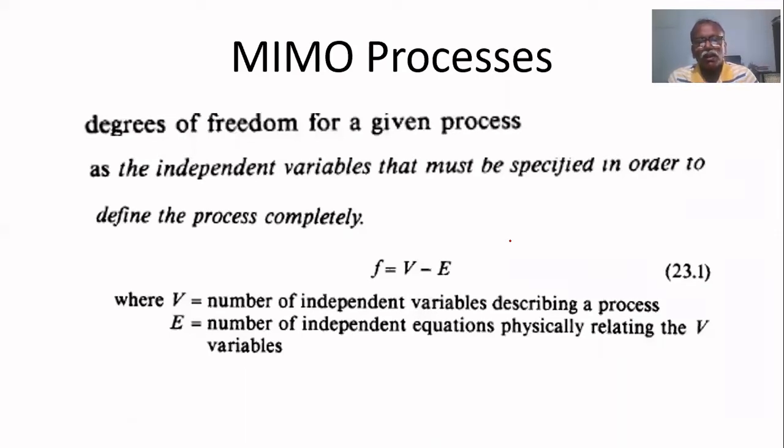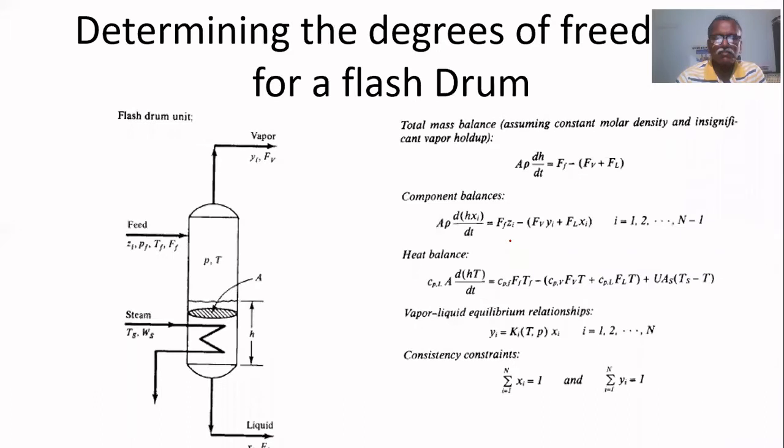For example, in the distillation column that we have seen yesterday, or in the flash drum that you can see here, how many inputs are there? The feed flow rate, temperature, the feed pressure, like that. Many inputs here. The steam temperature, steam flow rate.